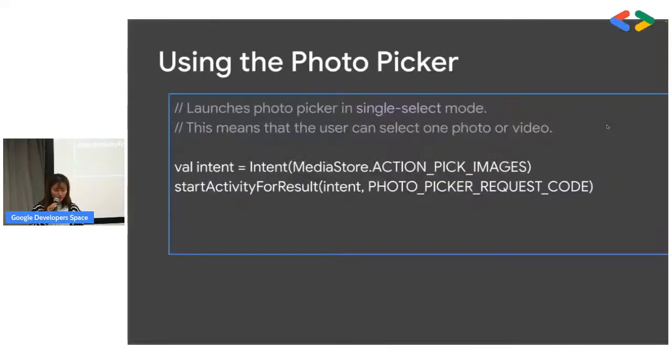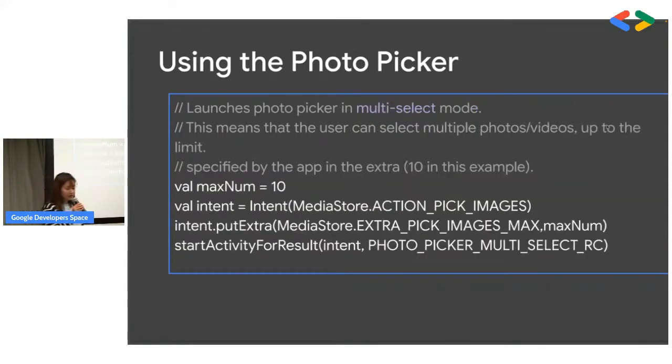Okay, if you want to use the photo picker, it's very simple to implement. Just two lines of code will help you select a single user photo. But you might want more selections.